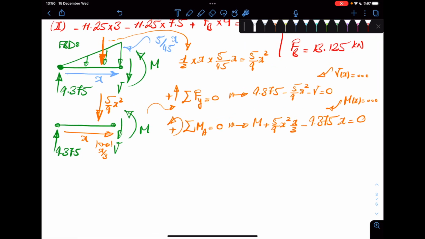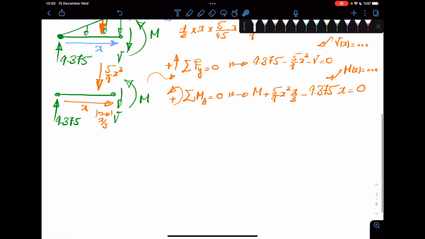All right, anyway, for clarity, let me just write this. V of x would be 9.375 minus 5 over 9 x squared. So this is the function for V of x.